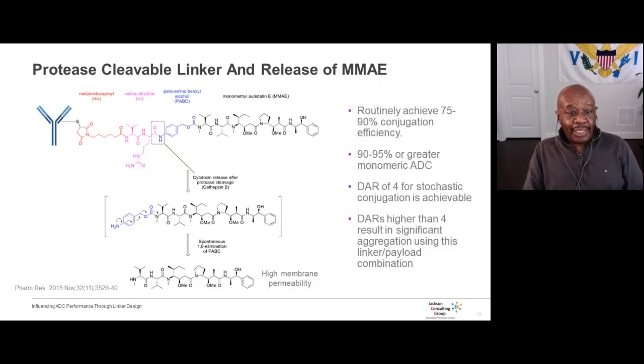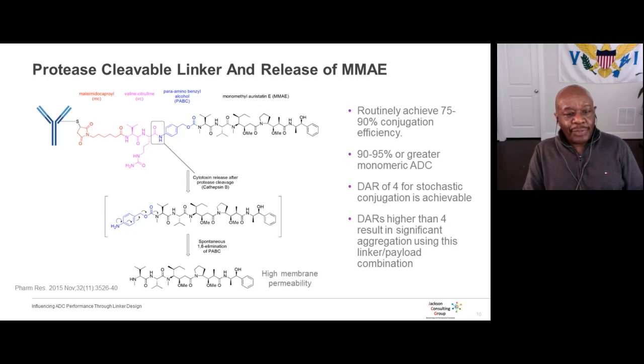That brings me to the next slide, where I'm talking more about one of the members of the auristatin class, which is MMAE. As you can see, this linker design is different from the first one, whereby you have this maleimide conjugation moiety that conjugates the cysteines. You have now this dipeptide linker, the Val-Cit linker, and you also have this PAB-C spacer.